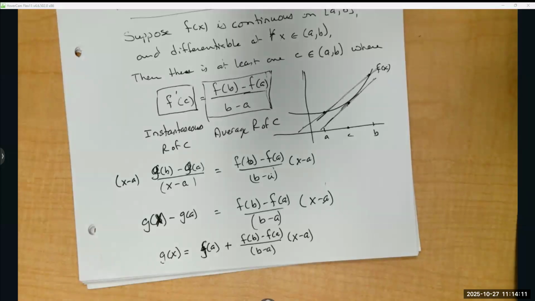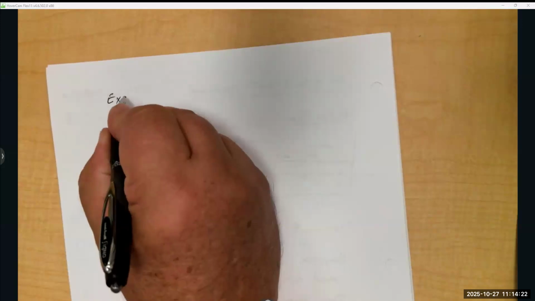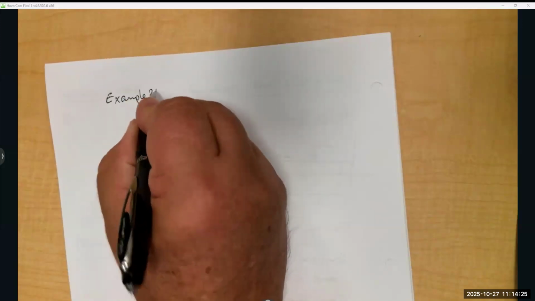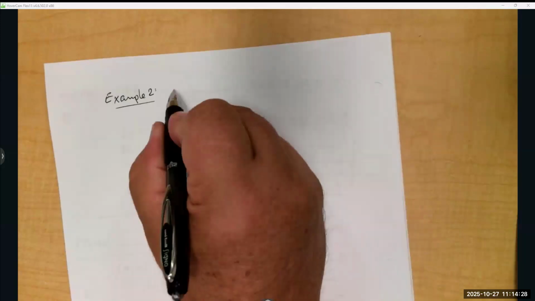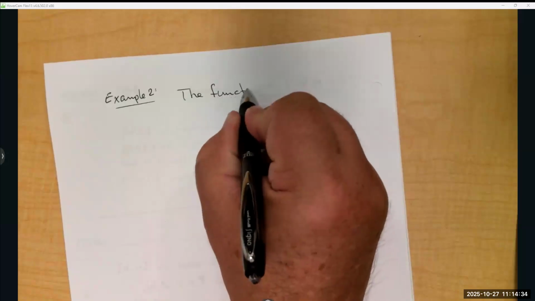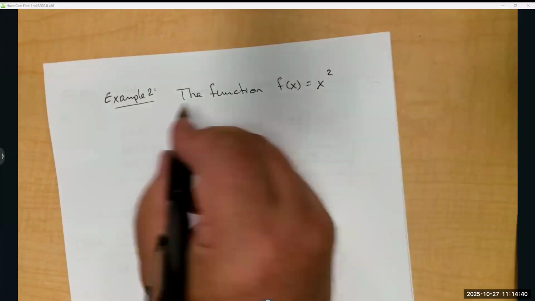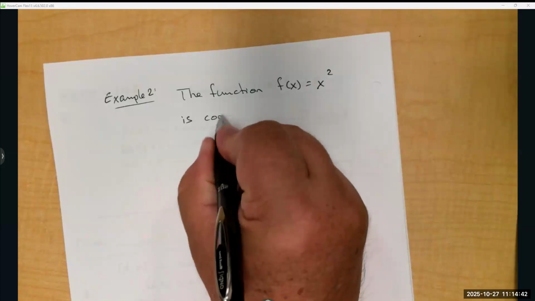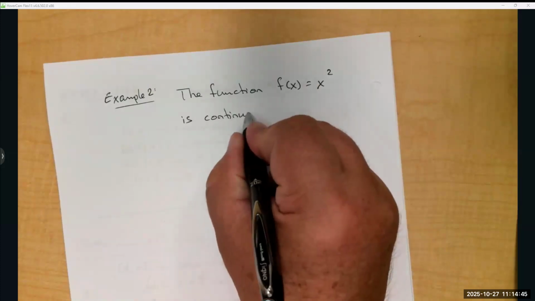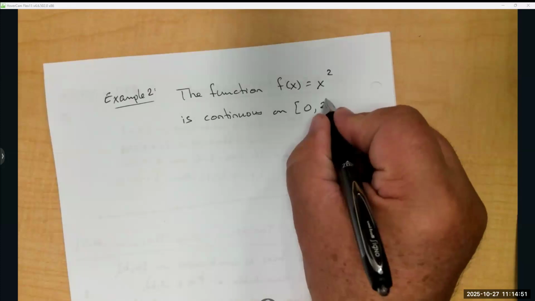Let's look at an example here. Example 2. It says the function f of x equals x squared is continuous on 0 to 2.